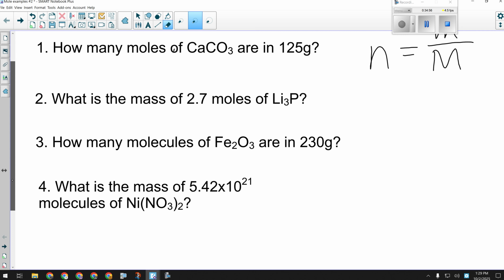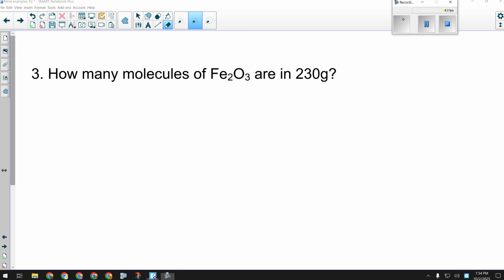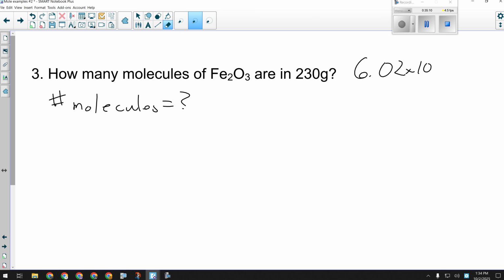All right, for number 3, we're looking for the number of molecules. Okay, that means we're also going to have to use Avogadro's number. They tell us the material. It's iron 3 oxide, Fe2O3.